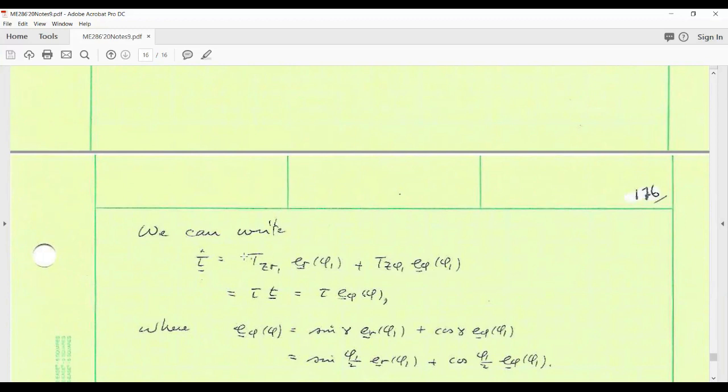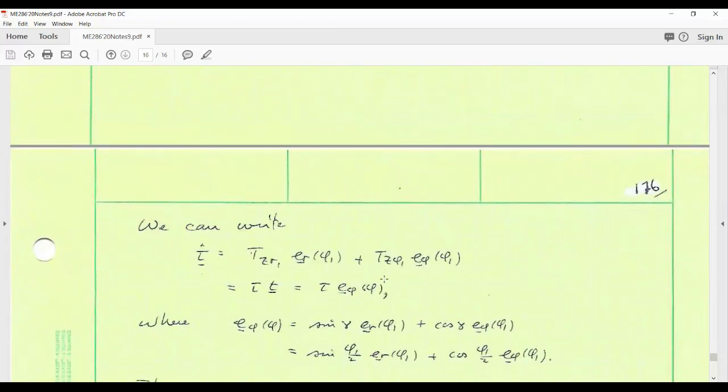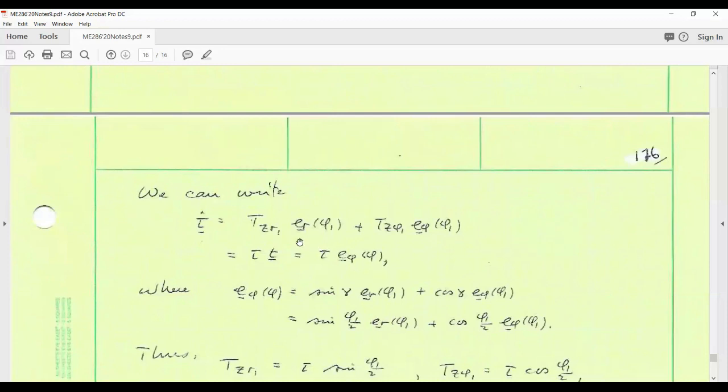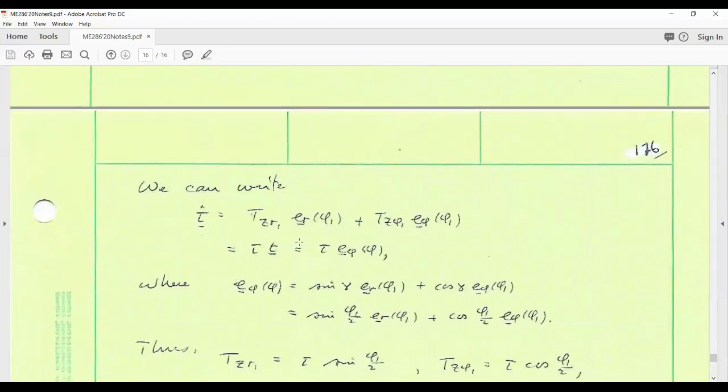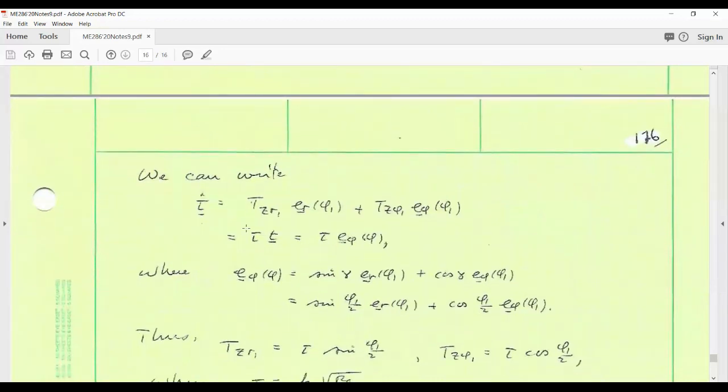And that stress vector has components, say, TZR and TZ phi, except we're in the R1 and phi1 coordinate system. Right, we just have these anti-plane shear stress components. And the z-axis is just coming out of the screen. We know that that's equal to tau times t, where t itself is E phi at phi, not phi1.